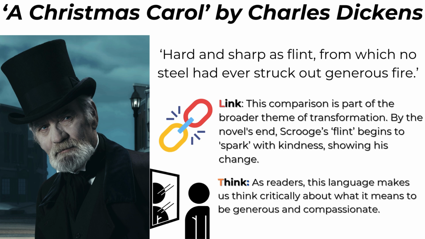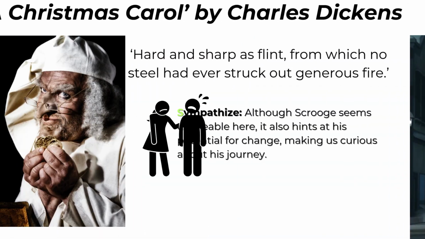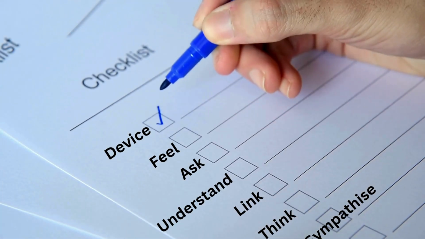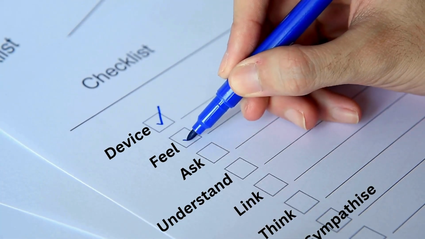Think. As readers, this language makes us think critically about what it means to be generous and compassionate. 7. Sympathize. Although Scrooge seems unlikable here, it also hints at his potential for change, making us curious about his journey. When writing your response, think of DeFAULTS as a checklist.